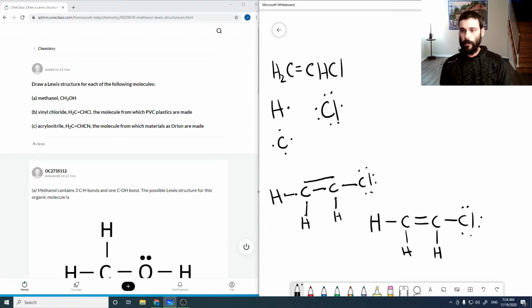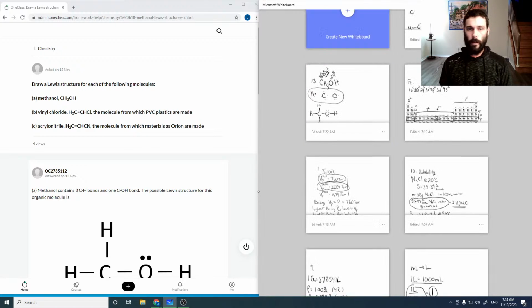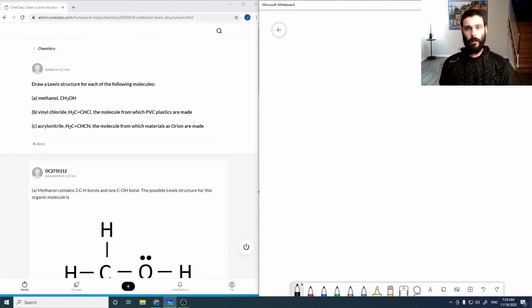So that's really what differentiates chlorine from hydrogen, well, besides the mass difference, those lone pairs. Okay, and then for the last one here, I'm going to go through acetonitrile, or acrylonitrile.